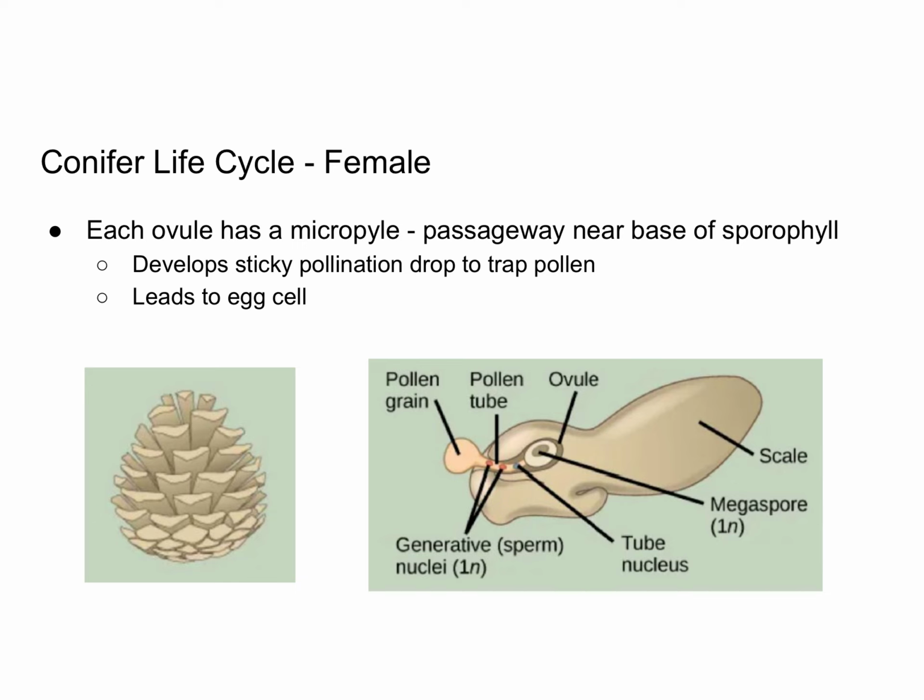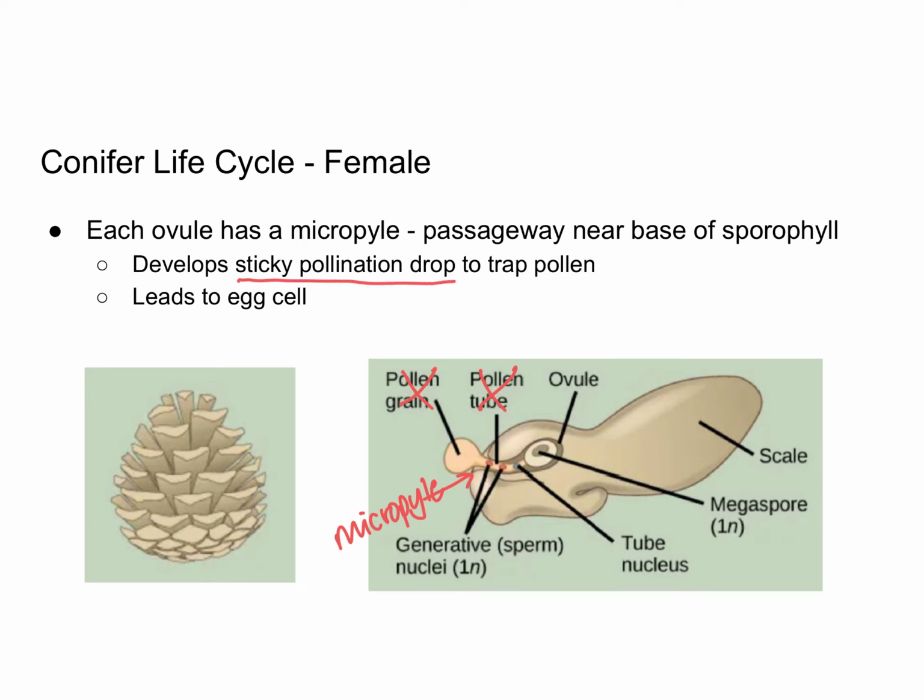Each ovule in these scales has an opening called a micropyle, and it's not labeled on this picture here, but we'll go ahead and label it now. So this is the micropyle. And pretend like the pollen grain and pollen tube are not here yet. So the ovule has this micropyle that develops a sticky pollination drop.